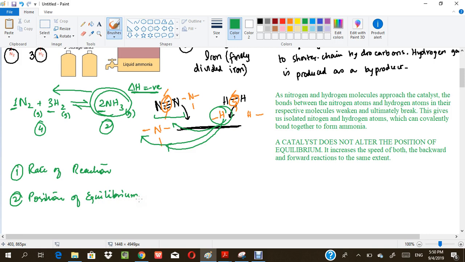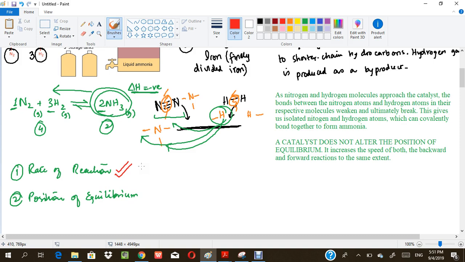Whenever we increase the temperature, the rate of both backward and forward reactions will be increased as well. However, the position of equilibrium is independent of the rate of reaction. And in this case, raising the temperature favors the backward reaction, right?